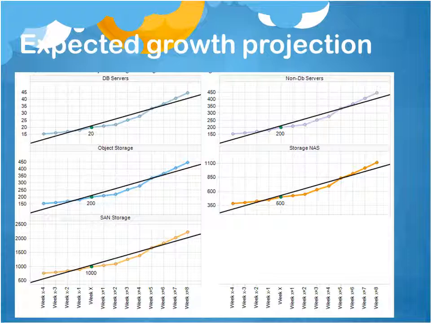Currently, highlighted in the picture, we have 20 database servers, 200 non-database servers. For storage, we have 200 terabytes of object storage, 500 terabytes of NAS storage, and 1000 terabytes of SAN storage.